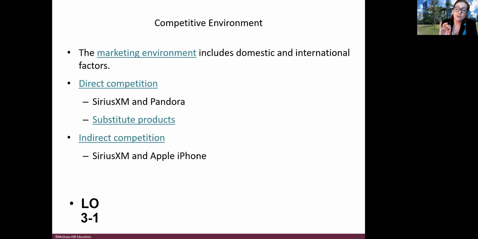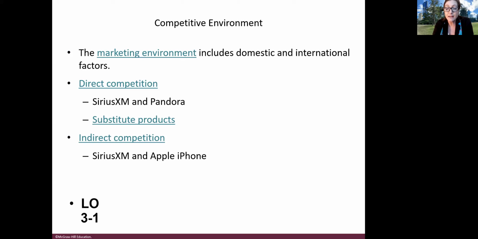Well, my suggestion to do that is to go one step back and think about what industry you are operating in. And so SiriusXM might see Pandora as direct competition, but it's also very useful to consider Apple iPhone as indirect competition and a substitute for the SiriusXM radio product.